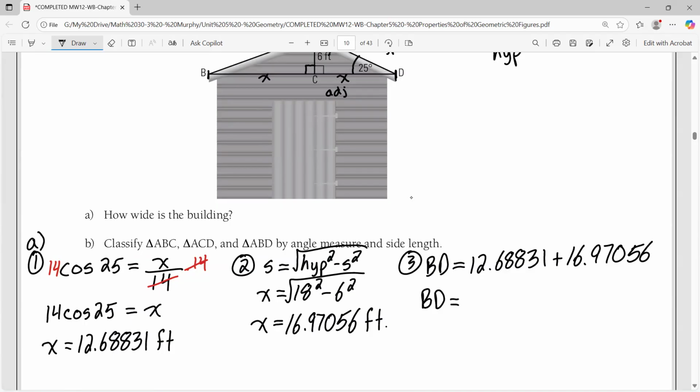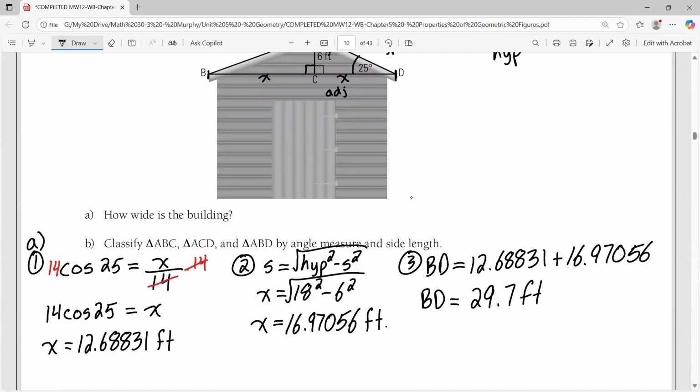So from B to D, we end up with 29.7 feet. Okay. Now remember, if you use one of the other ways and it comes out to, I believe it might come out to 29.8, that is fine. Okay, I will know that. So on your assignment, don't worry.